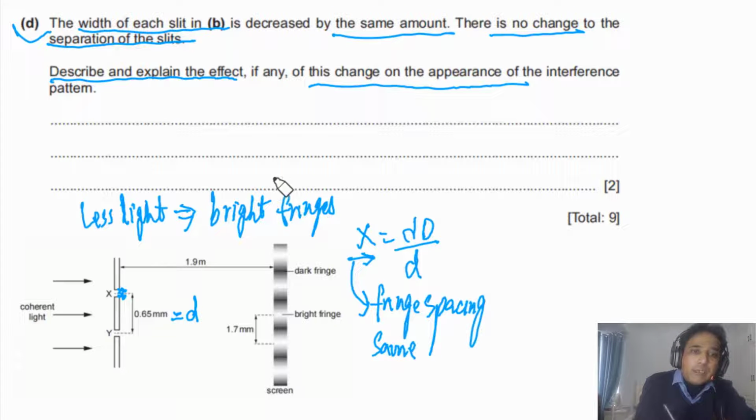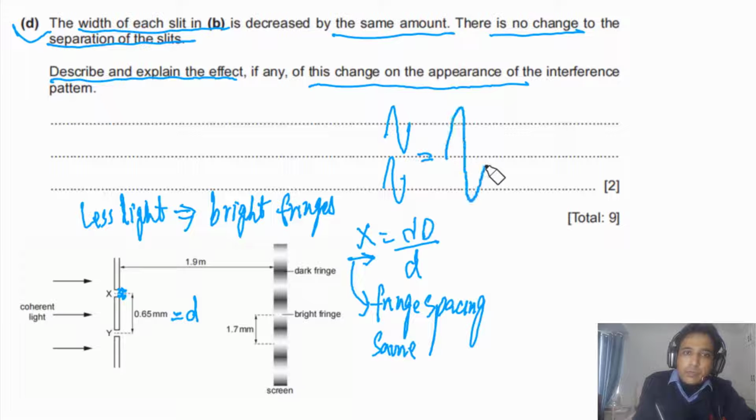Let me explain this in a slightly different way. First of all, imagine we have waves coming with this amplitude, so the amplitude is this big. If these two waves meet, we will see this super wave. But now the slit size will decrease, so the amplitude of the waves coming out will decrease, meaning less light is coming.